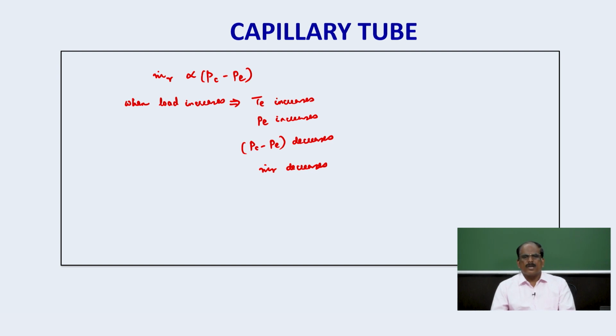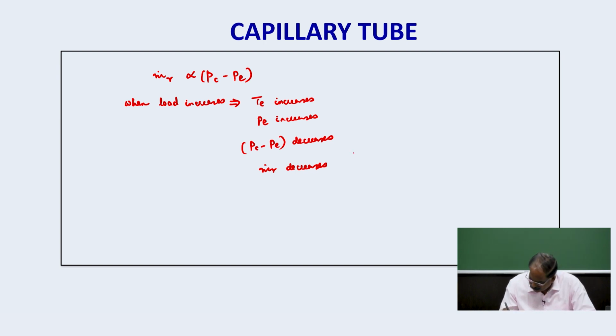The quantity of refrigerant liquid that is fed by the capillary tube to the evaporator is less, because when the evaporator pressure increases, delta P decreases, m dot R decreases, because both are directly proportional. So the quantity of refrigerant supplied to the evaporator is less than the amount drawn by the compressor. So due to this, the starving problem arises in the evaporator.